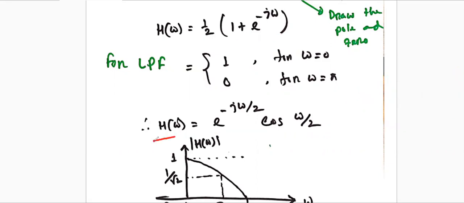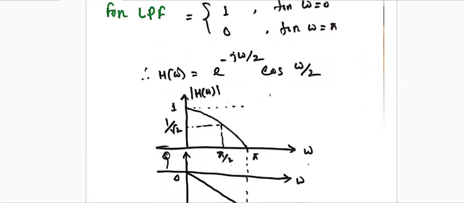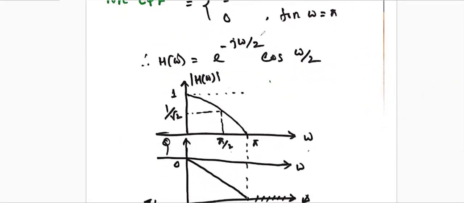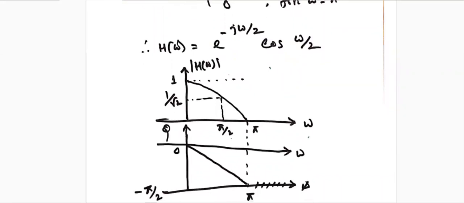Okay, so we have this equation, and now you need to plot it. You do not have any amplitude quantity there. So to plot the magnitude response, definitely you need to consider this. As you can find, it is exactly the cos signal. So plot it for omega equals 0. What would be the value for omega equals 0? Cos 0 is equal to 1.